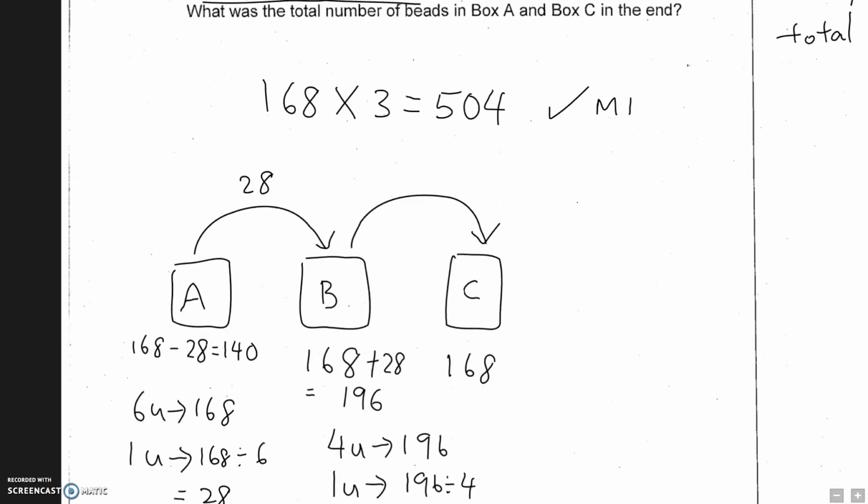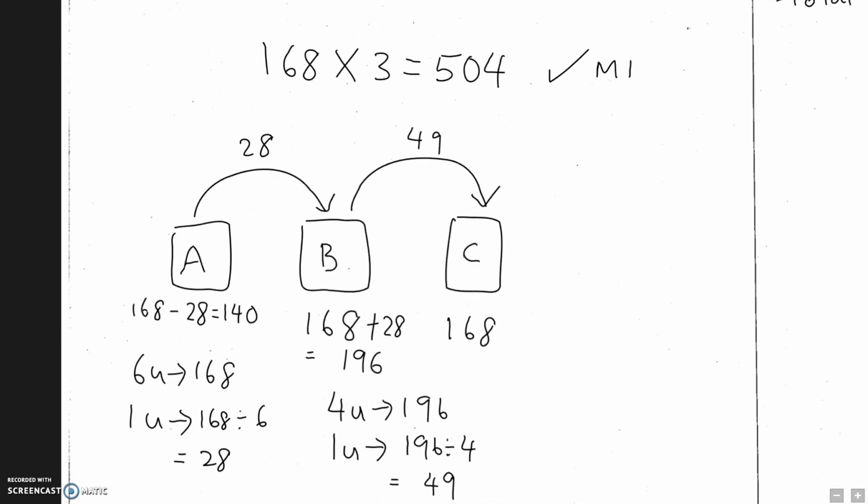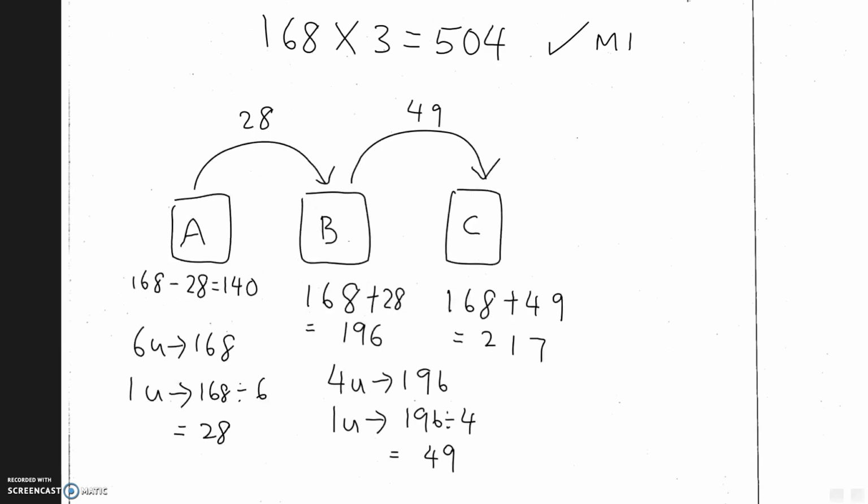So 49 is going to go to box C, which is added on to box C, and that will give you a total of 217.